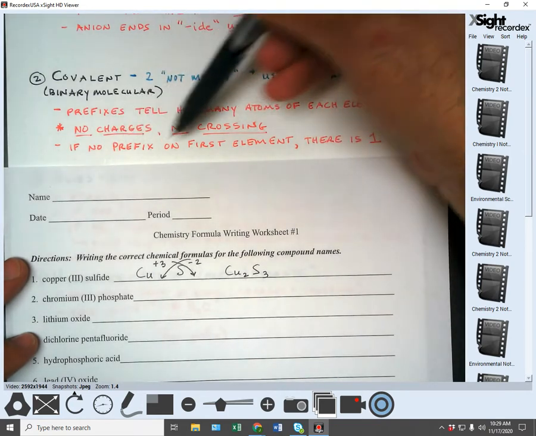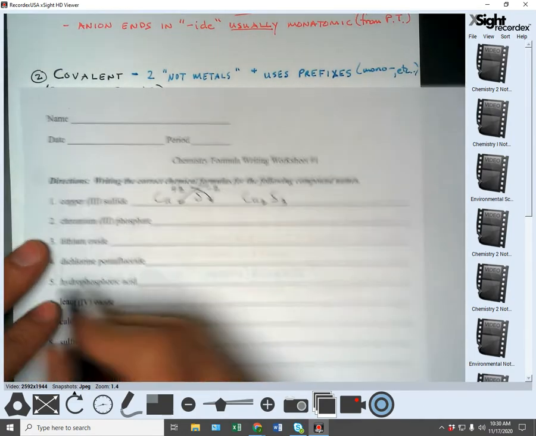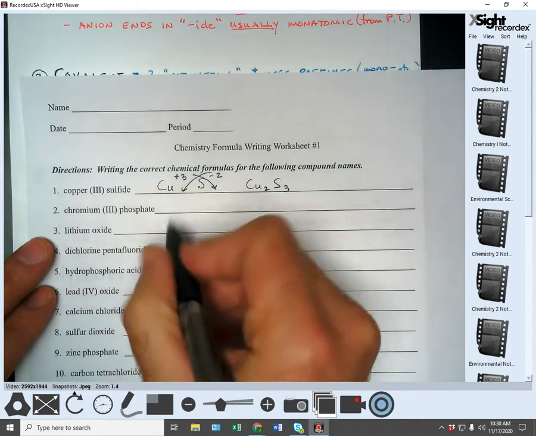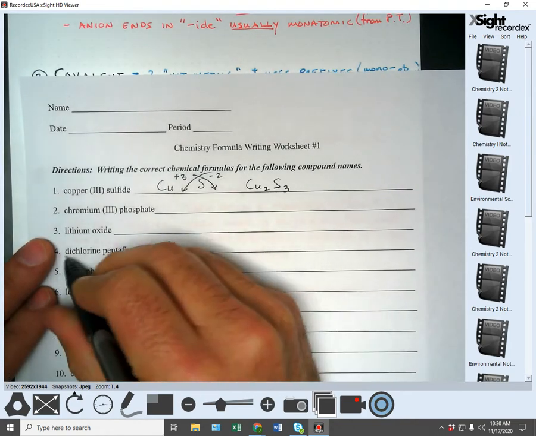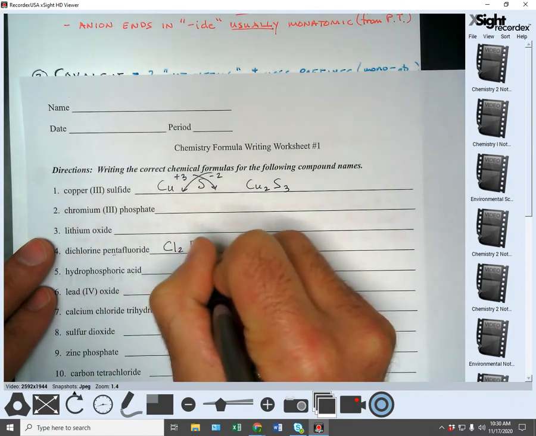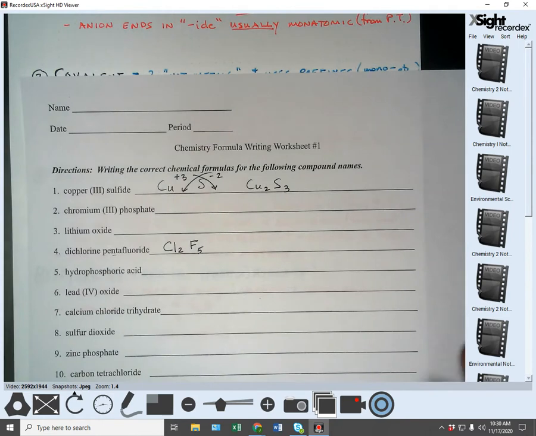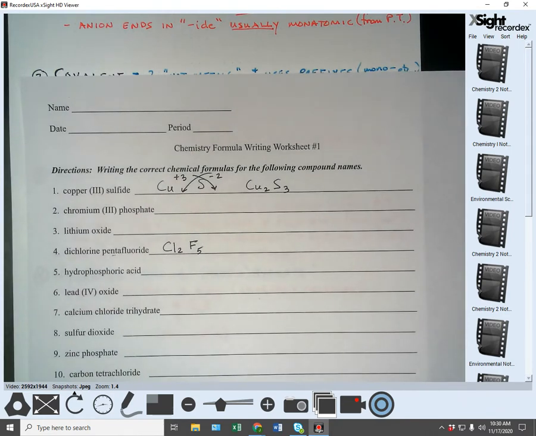If there's no prefix on the first element, there's one of them. So dichlorine means chlorine is Cl, and di is 2. Pentafluoride, fluoride is from fluorine, penta 5. That's it. No reducing, no charges, no crossing.